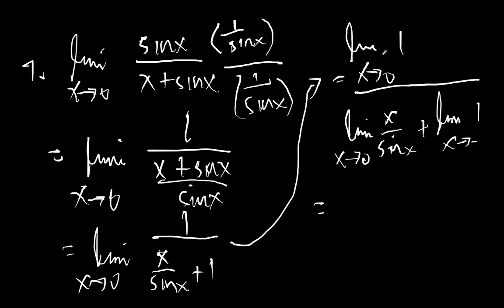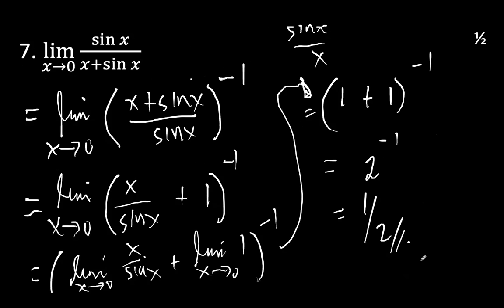The limit of 1 as x approaches 0 is 1. The limit of x over sine x as x approaches 0 is 1. And the limit of 1 as x approaches 0 is also 1. So this becomes 1 over 2, so 1 half. And we get the same answer as the one in method 1, which means our answers are correct.